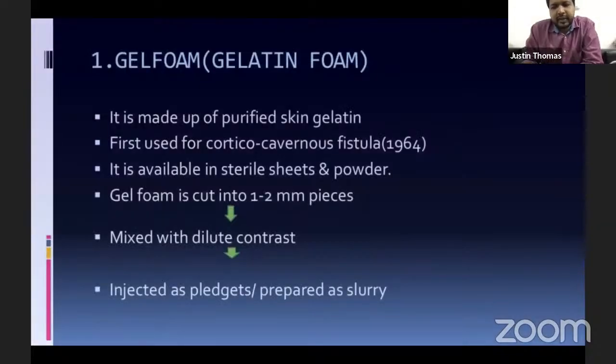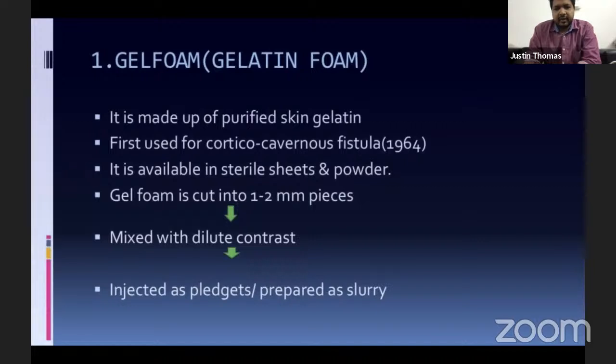Coming to each embolic agent specifically, first coming to gel foam. Gel foam is made up of purified skin gelatin. It was initially used for treatment of CCFs. It is available in sheets and powder. The gel foam is cut into small 1 to 2 millimeter pieces and injected with dilute contrast.